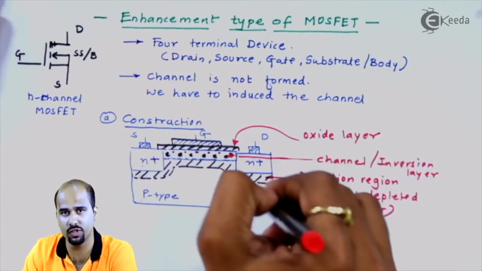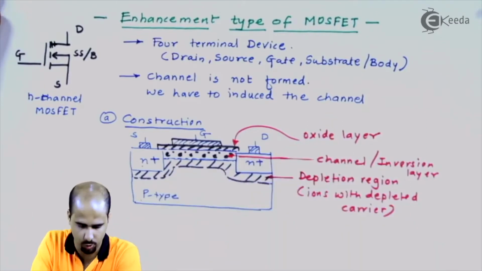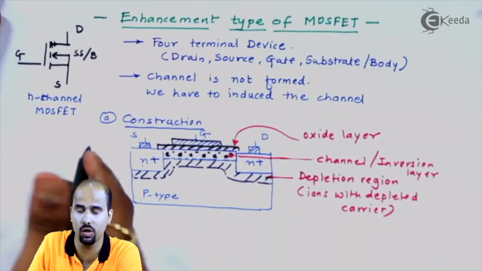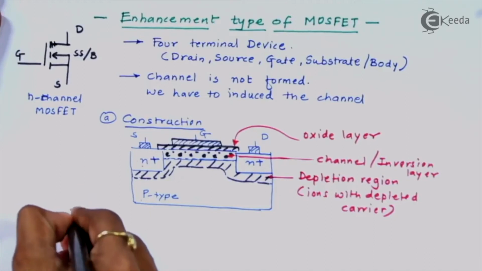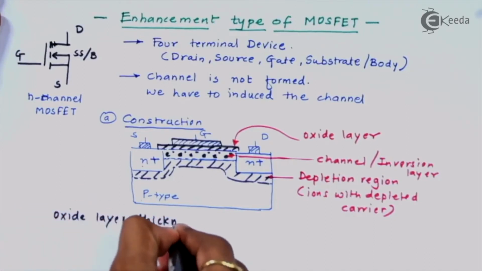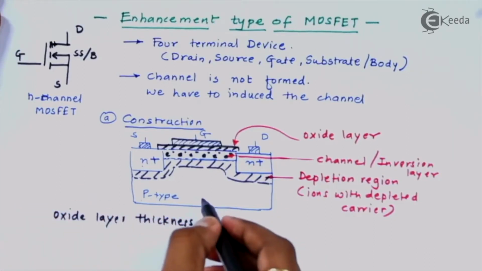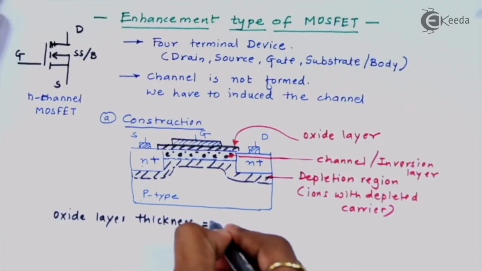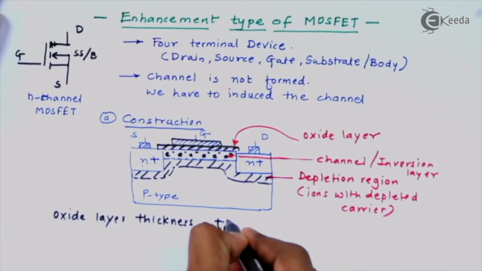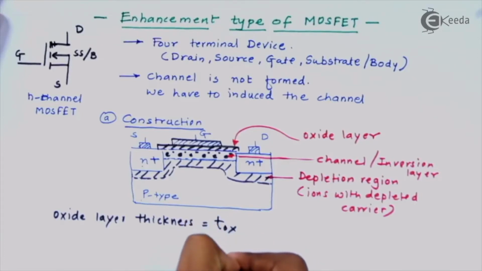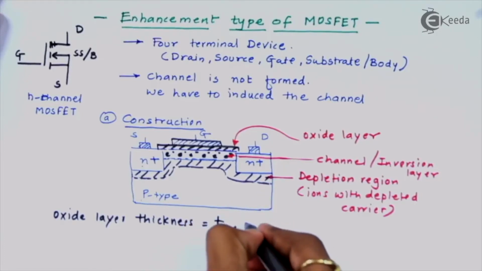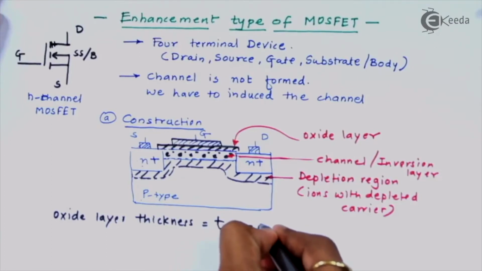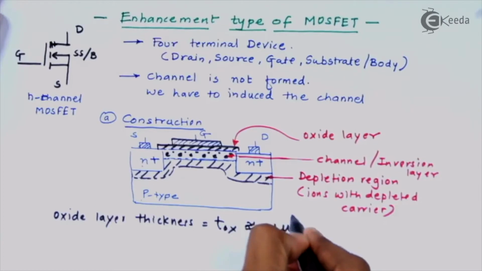Generally the thickness of this oxide layer, so we will write it over here, is on the order of 0.1 micrometer, okay. And that is denoted as Tox, because OX is for oxide and T for thickness. So this Tox is nearly equal to 0.1 micrometer.